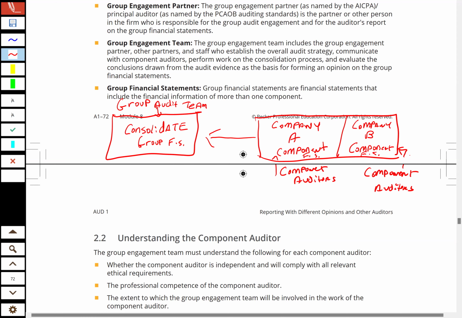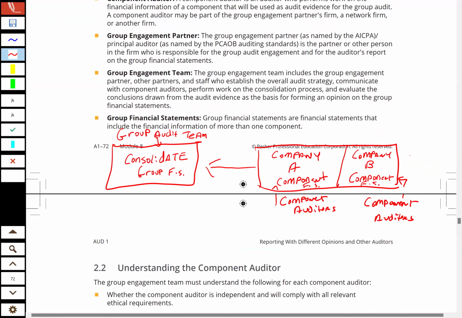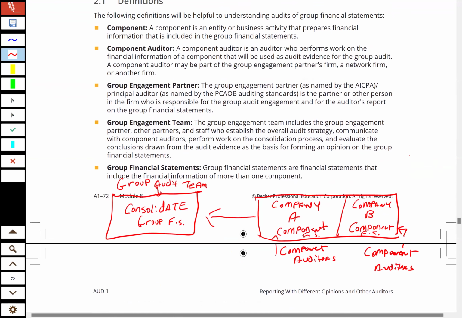Now, when we look at some of the language up here, okay, you have a component, and then you have what? Group financial statements. Okay, so there's the group financial statements. There's the component financial statements, right?